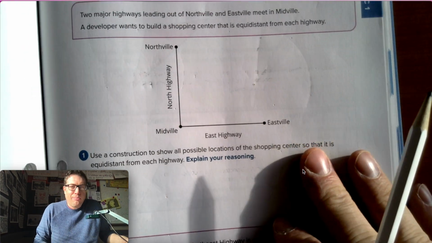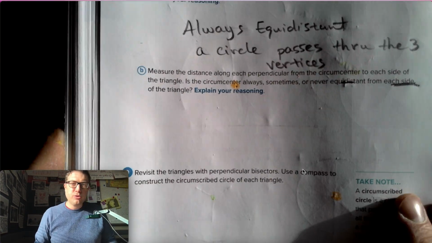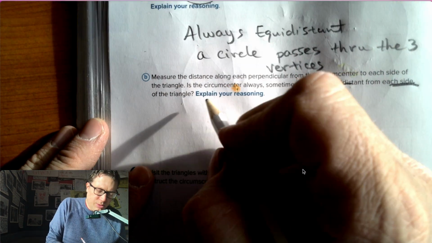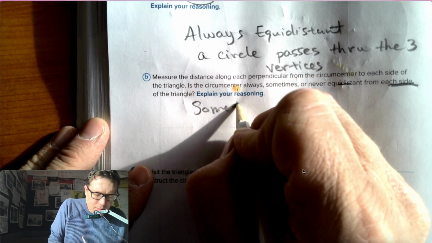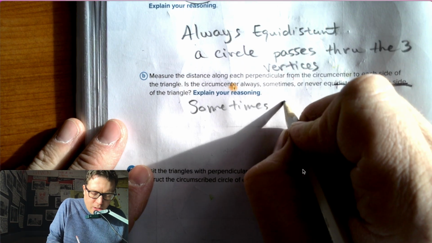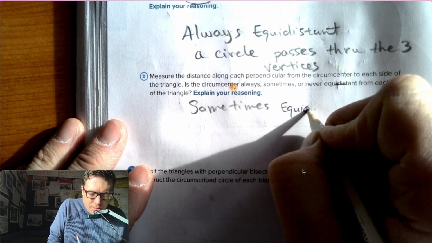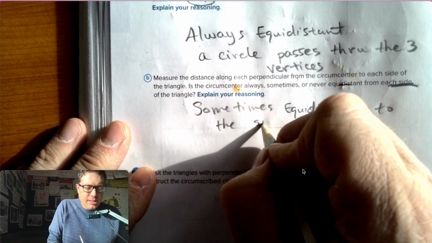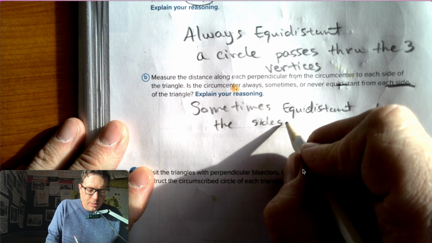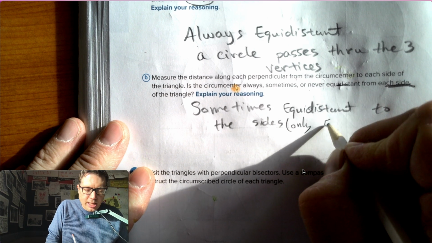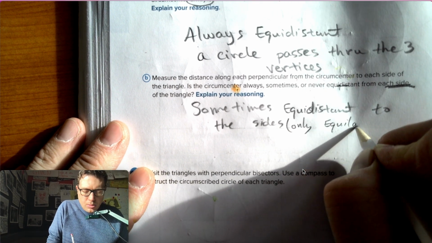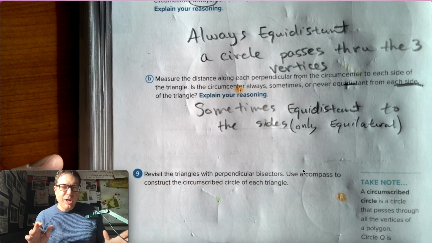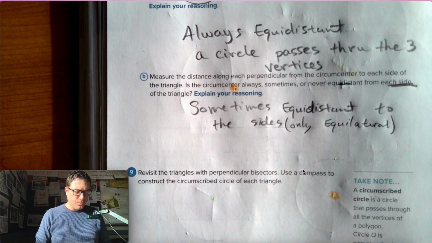That's like the bland, vanilla sort of triangle shape. So sometimes equidistant to the sides, but only for equilateral. Really, it's only for equilateral triangles.